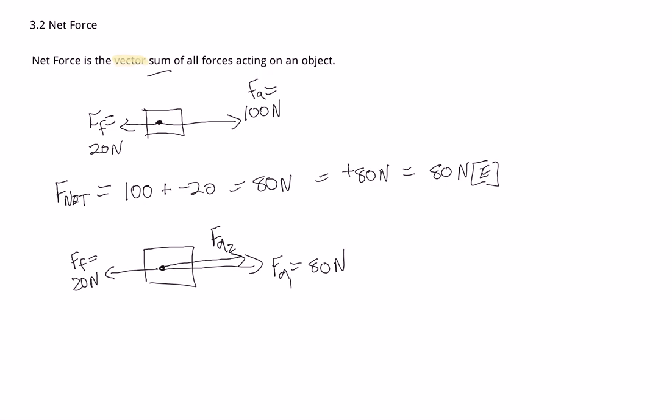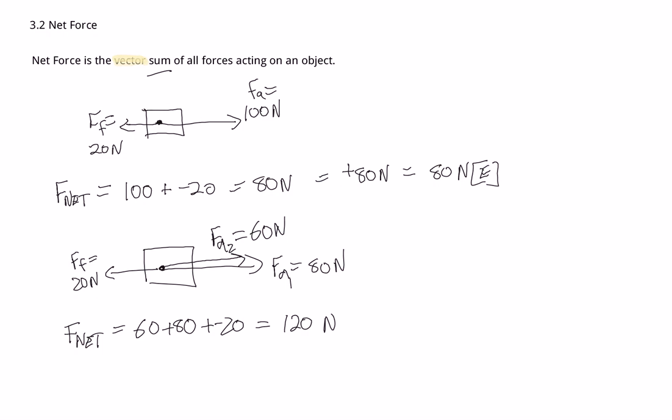Let's call it applied 1 and applied 2 to indicate the two different people. Let's suppose the second person pulls it at 60. So in this case, our net force is 60 plus 80 plus negative 20. So we have 140 minus 20, which is 120. So we'd have 120 newtons to the right.